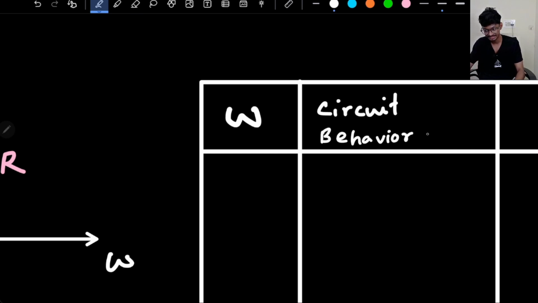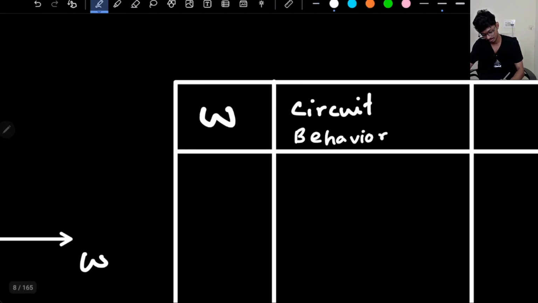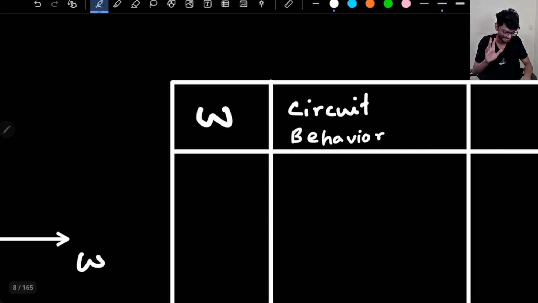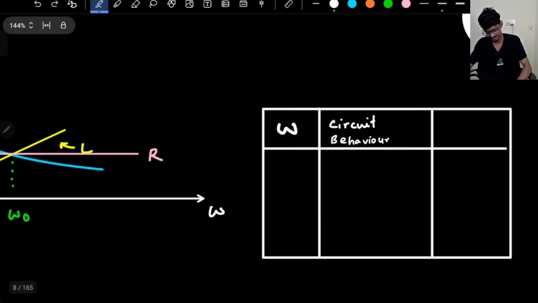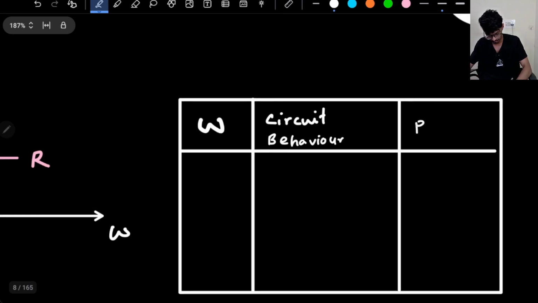Don't mind if my spelling is wrong. I'll check the spelling of behavior. I think it is OUR, let me cross verify this. Behavior, yeah, it is correct, B-E-H-A-V-I-O-U-R. So circuit behavior is here, and this is basically the power factor.